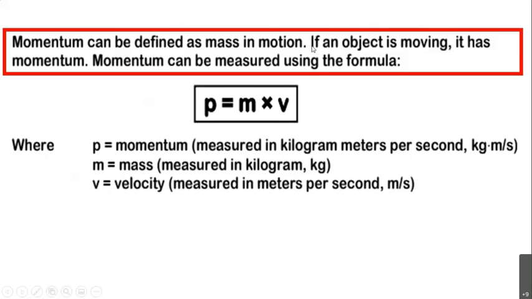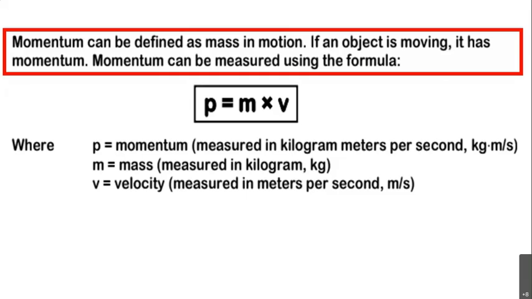All right, so let's go ahead and define momentum. Well, momentum can be defined as mass in motion. It's simple, but all we're saying is if an object is moving and it has mass, then it has momentum. Momentum is the product of an object's mass and its velocity.